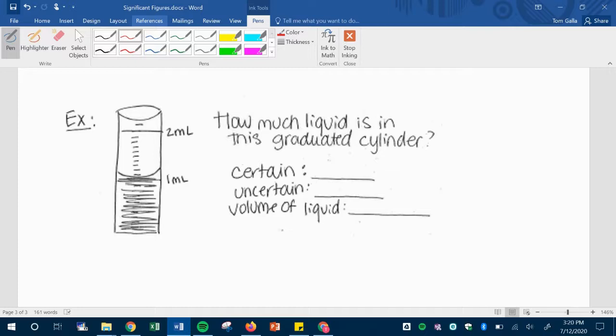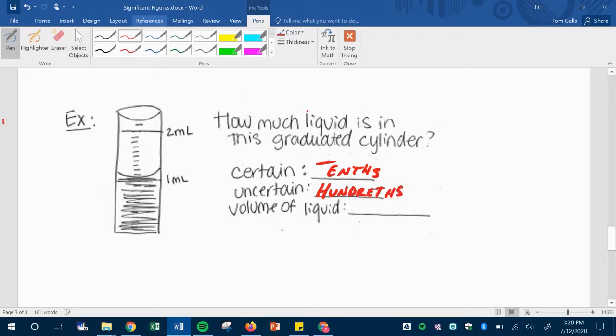All right, so now that you guys have tried this out, for our certainty in this one, since this is 1 milliliter, this is 2, we're certain all the way to the tenths, meaning the first number after the decimal point, which means that our uncertain amount is the hundredths, meaning 2 decimal places.